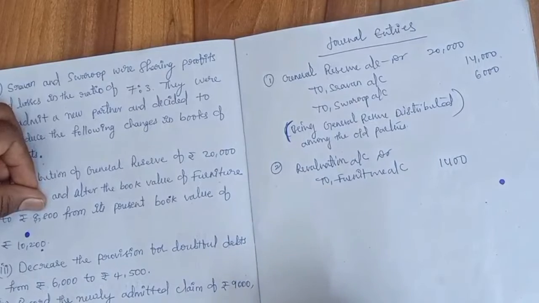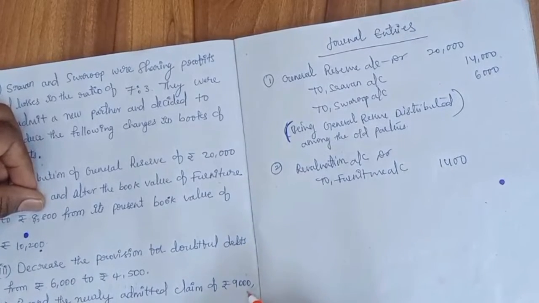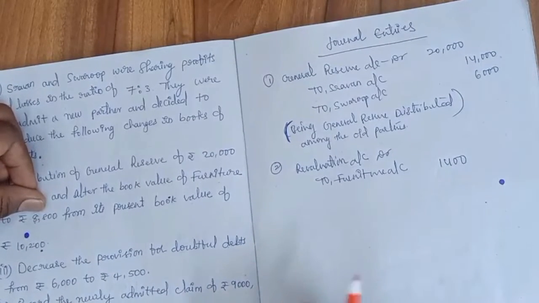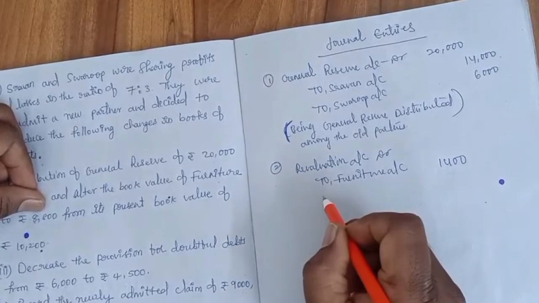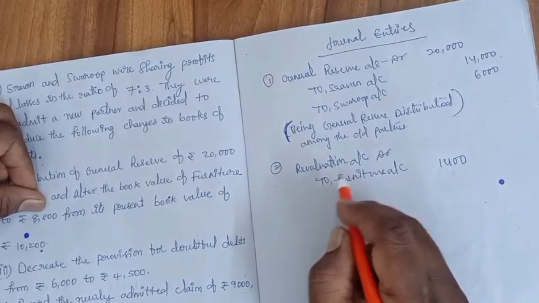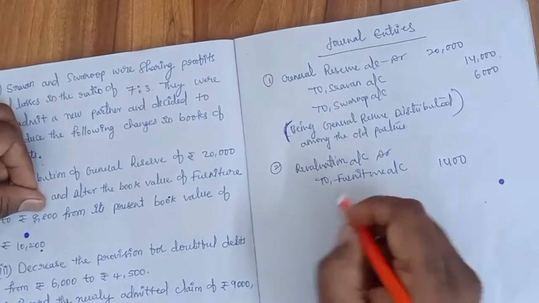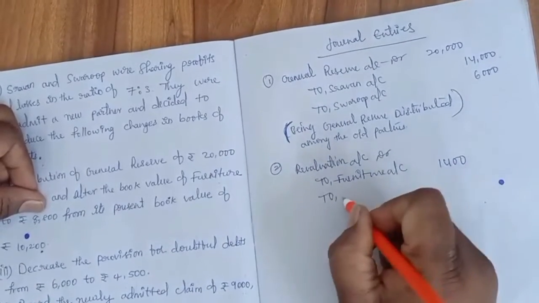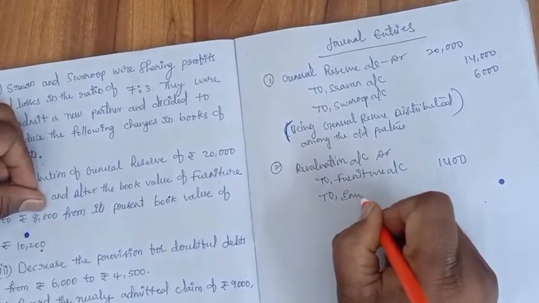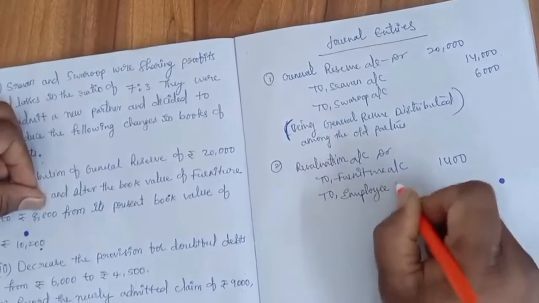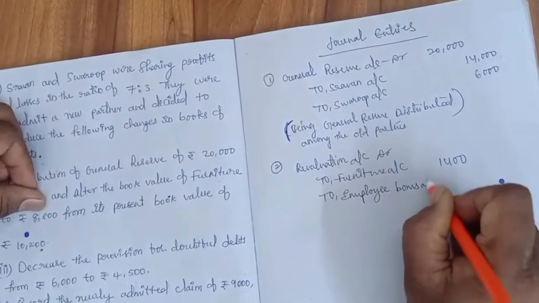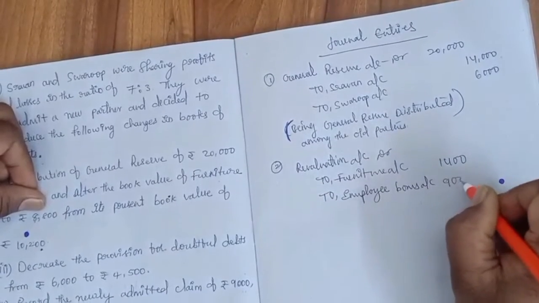So it is also a liability. The bonus which is there needs to be paid to the employees. So this is a bonus, and it is a loss or expenditure to the business. So that's why this is also debited to the revaluation account. So to employee bonus account, how much is it? 9,000.